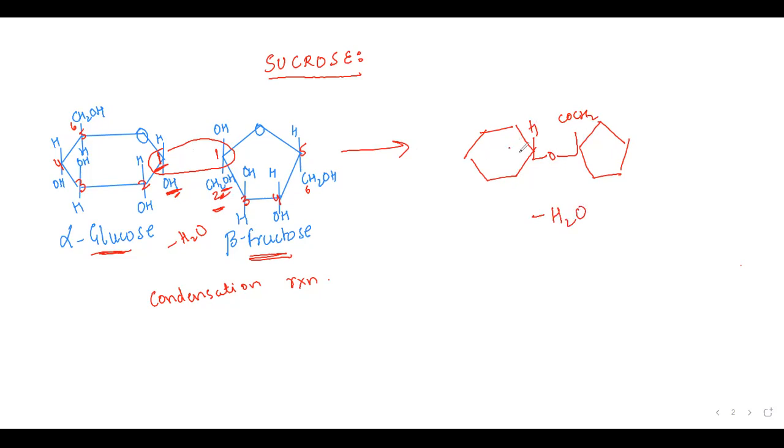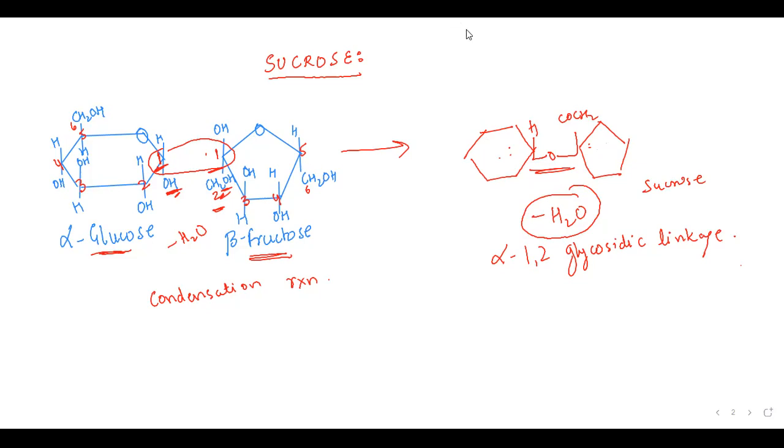When this oxygen forms a link between these two molecules, this is called an alpha 1,2 glycosidic linkage. Now, why is this called alpha 1,2? This is called alpha 1,2 because carbon 1 from here will lose an OH and carbon 2 from here will lose an H, and because of this there is a loss of a water molecule, and when a water molecule is lost, these two structures will combine together to form a sucrose molecule.